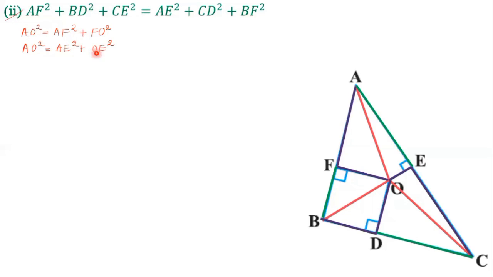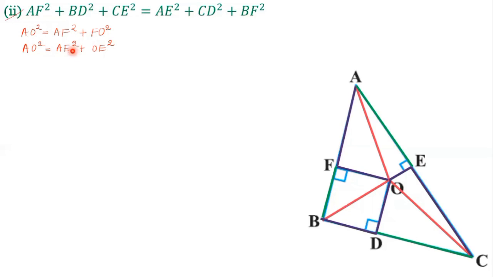Now to prove, we don't want AO. See there, the second equation that we have to prove. We don't want AO there. So if we equalize these two equations, then AO will be removed.